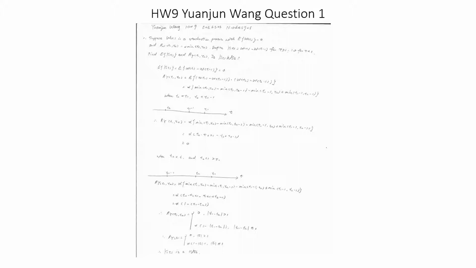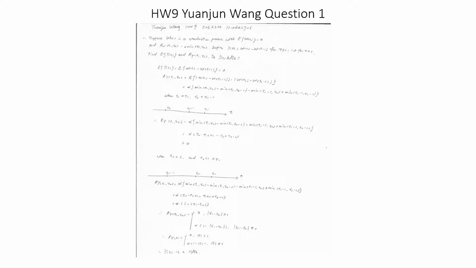It's going to be equal to alpha times t2 minus t2 plus 1 minus t2 plus t2 minus 1. All of the terms can be cancelled out, so it's going to be equal to 0.